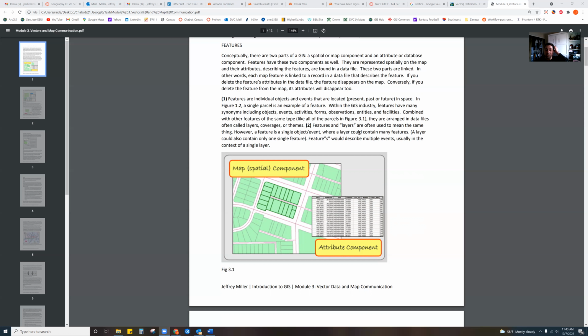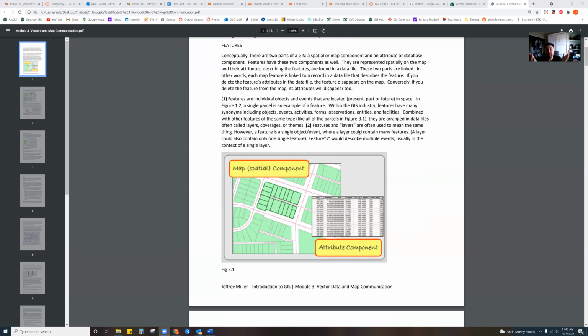But a layer is going to be a single data file, like a shapefile. A shapefile is just the Esri or the generic GIS file format type for a layer. But anyway, a layer contains features.